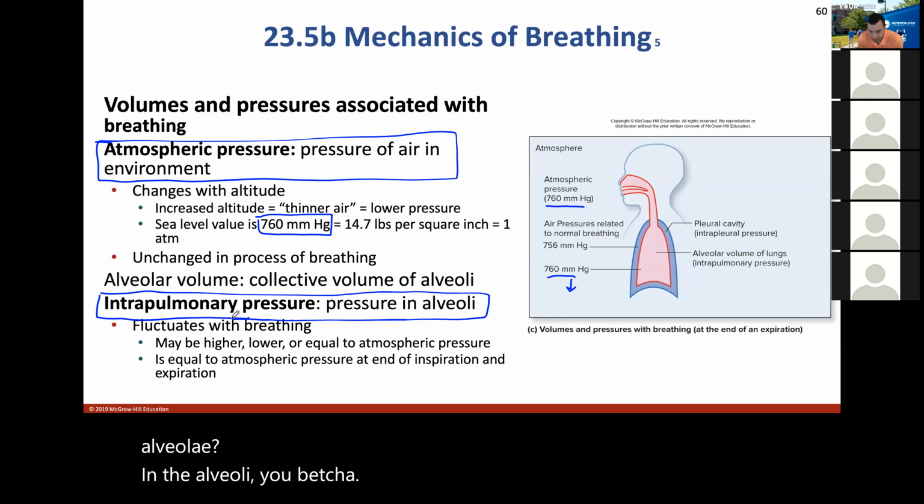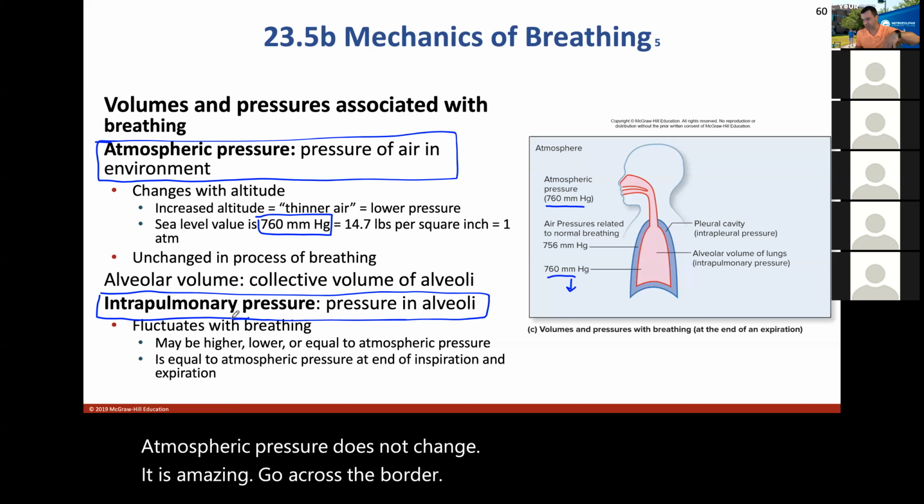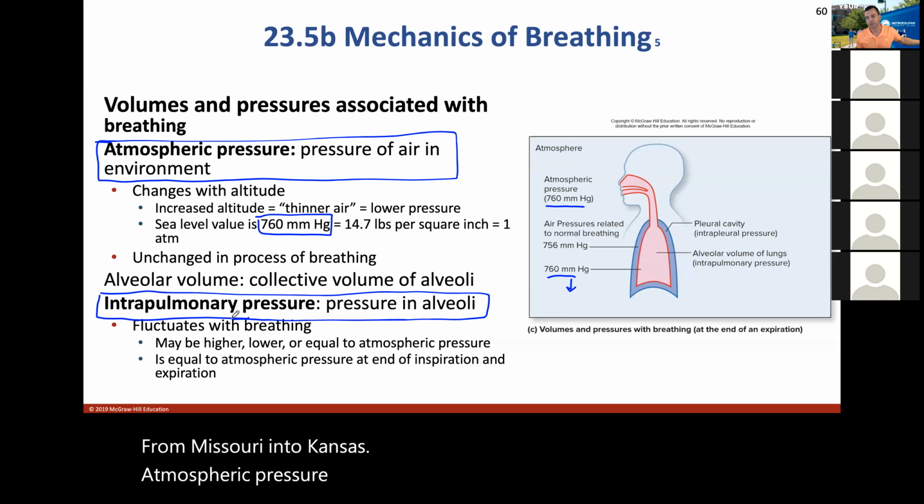Okay. This changes. Atmospheric pressure does not change. It is amazing. Go across the border from Missouri into Kansas. Atmospheric pressure ain't changing. If I want to dip a toe into Missouri, atmospheric pressure don't change.